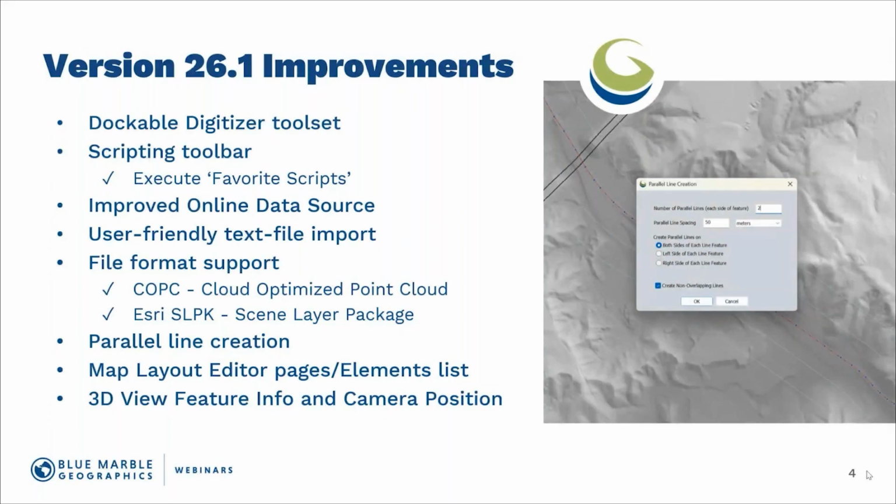And lastly, in our 3D viewer for viewing all sorts of 3D data, we've fully completed the feature info tool in that view and have a way to define, view, or set the camera position when you're looking at data in 3D. So with all of that, that's what we'll be going over today.